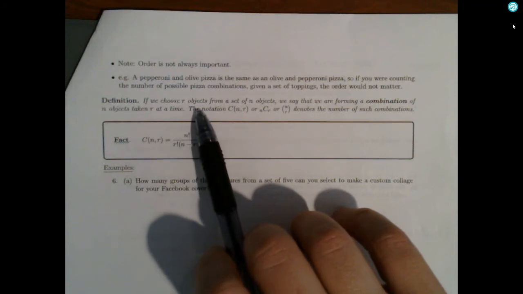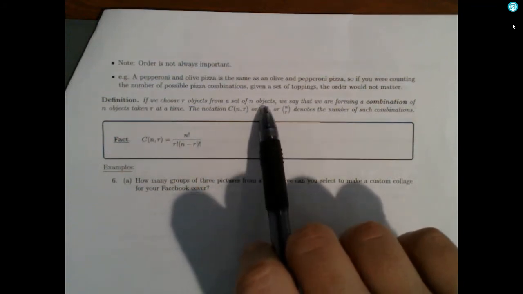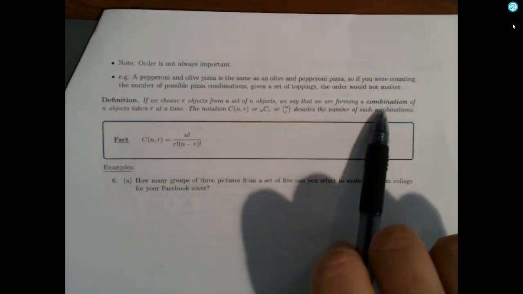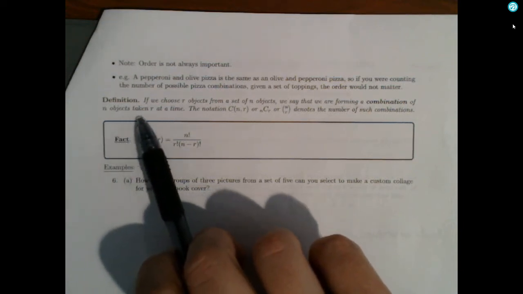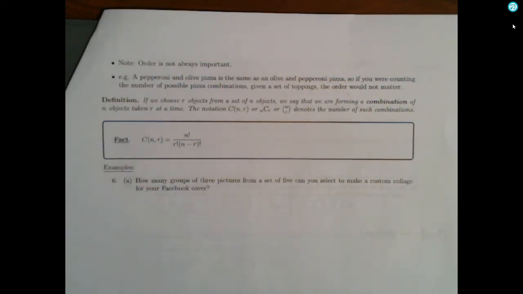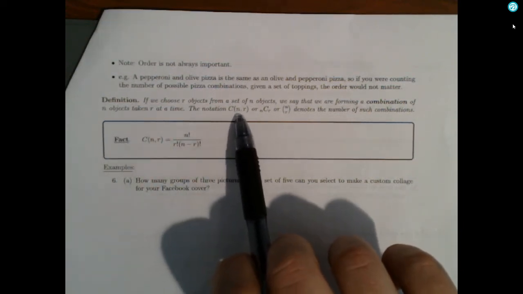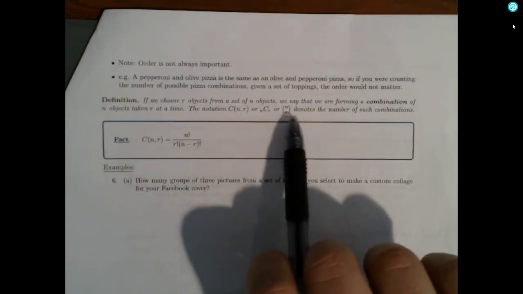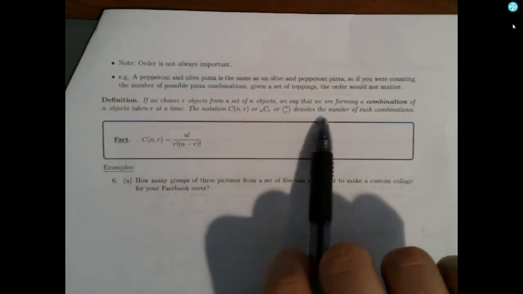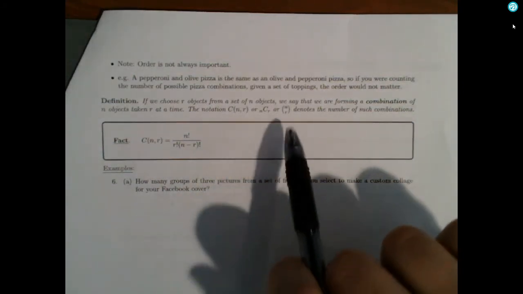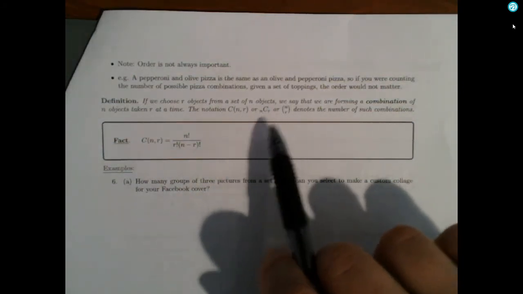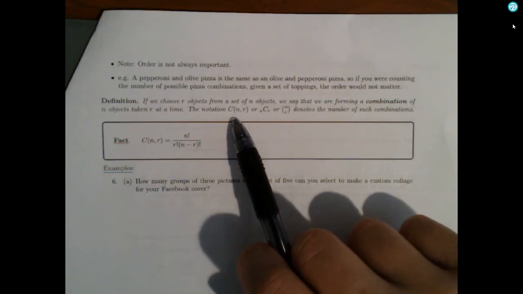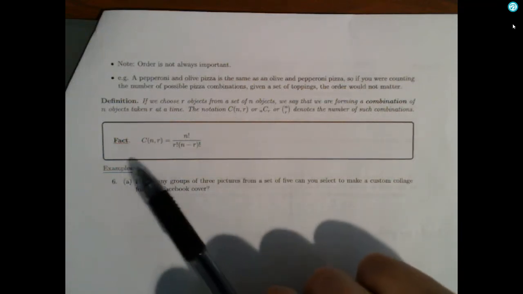So if we choose R objects from a set of N objects, we say that we are forming a combination of N objects taken R at a time. The notation C of N R, or N choose R, denotes the number of such combinations. So again, different ways to denote combinations. We'll stick with this first one, C of N R. Okay?